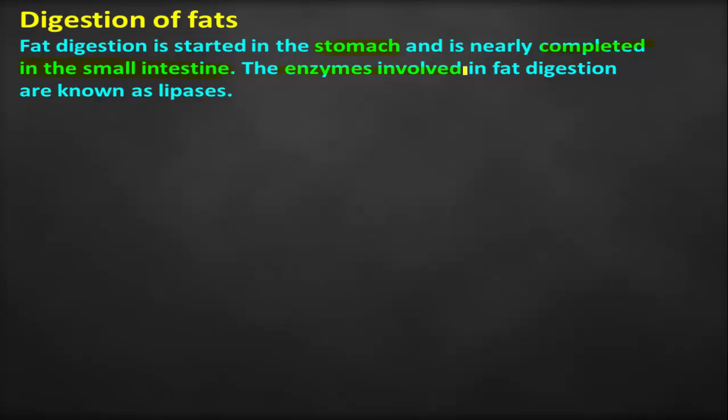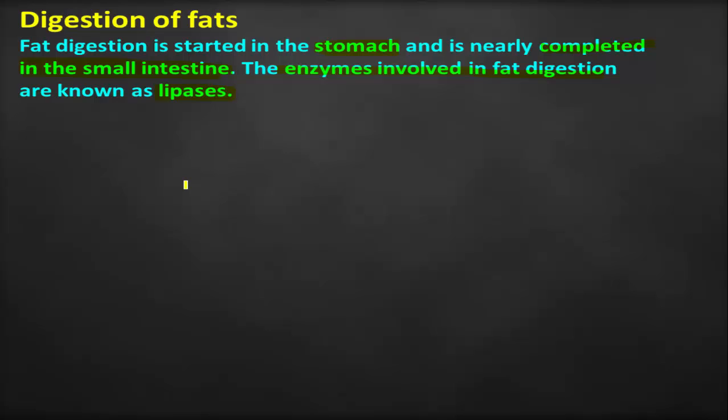The enzymes involved in fat digestion are known as lipases, just as there are carbohydrases, proteases, lipases and nucleases. So lipases are the enzymes involved in the digestion of lipids, or fat molecules.